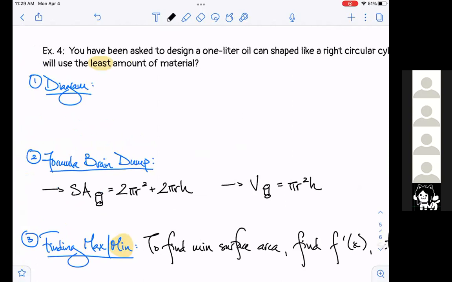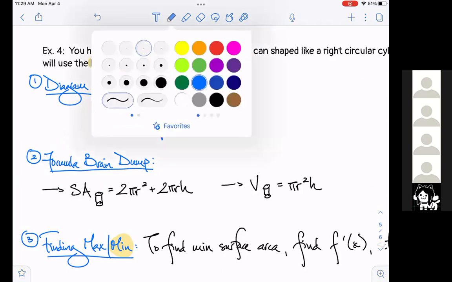Some of us might have a cylinder that looks like this, more like a can of tuna or something like that, right? Sort of a shorter, fatter cylinder. And we might label that this is the radius, this is the height, okay?